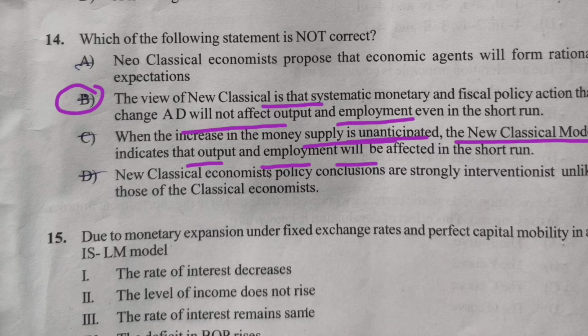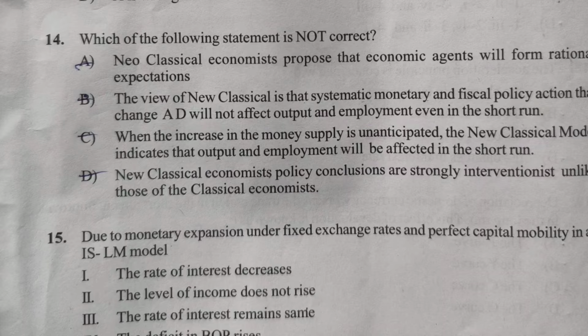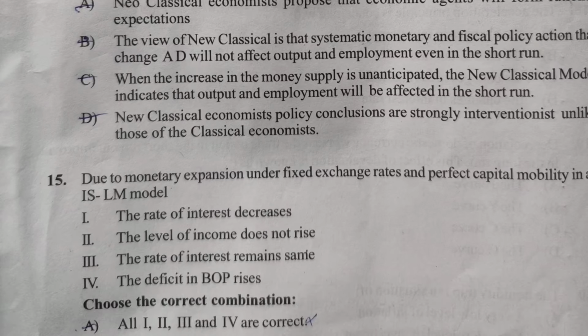Yes, I guess so, it seems correct. So I have confusion in this question. I guess it is the unanticipated policy changes that can have a short run effect on output and employment. So I have confusion in options B and C. Okay, so let's leave it as it is. In the comments, please tell me what would be the plausible explanation for this question.